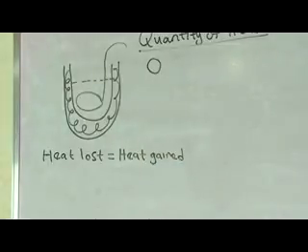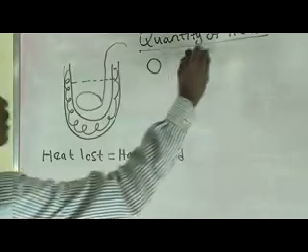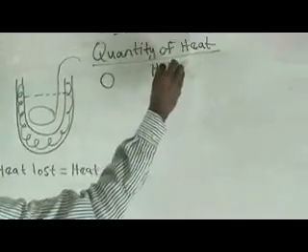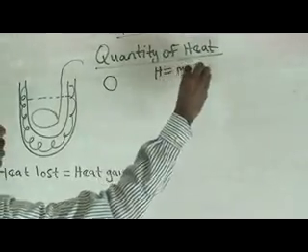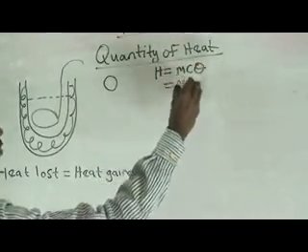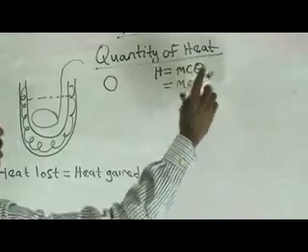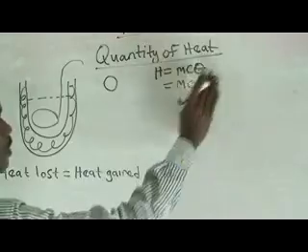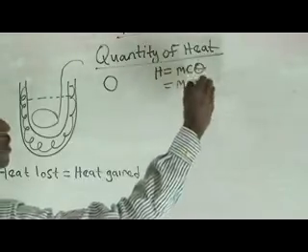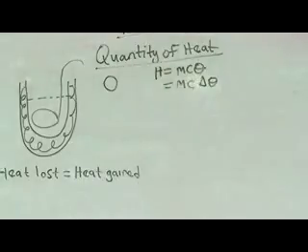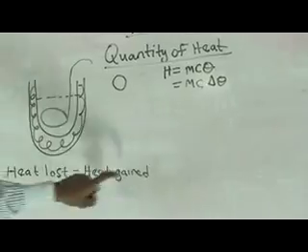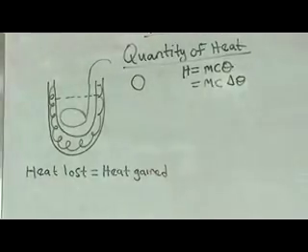So if heat lost equals the heat gained, and we already said that the specific heat capacity H or Q equals mc theta, which is mc change in theta, which is the expression for the specific heat capacity. And we already said that the heat lost equals the heat gained.